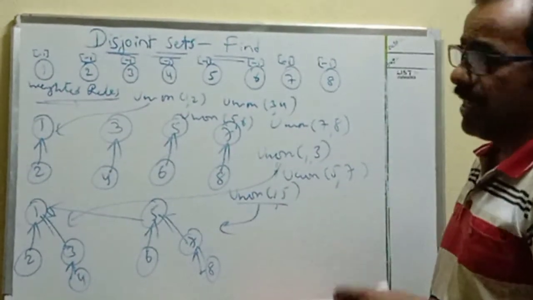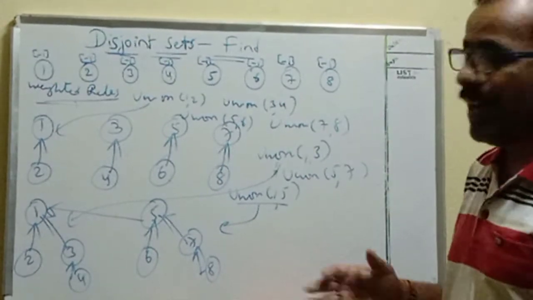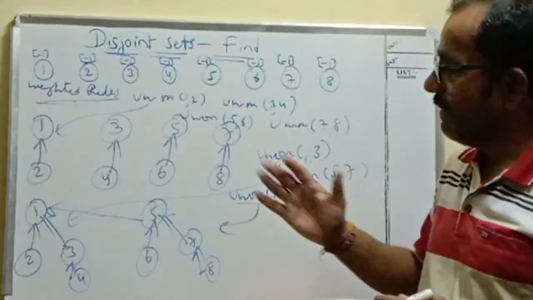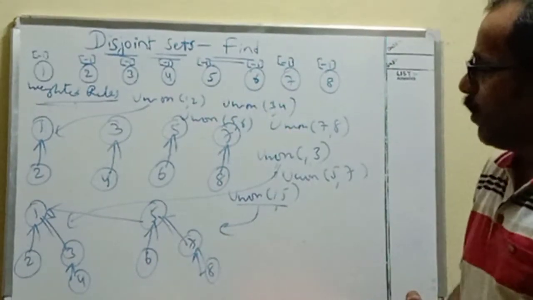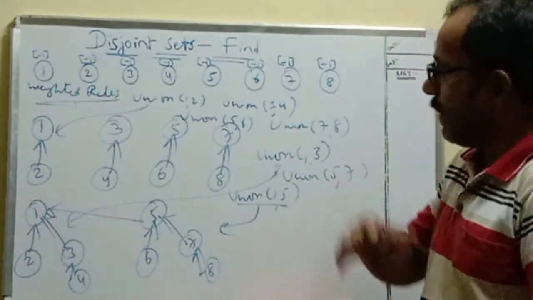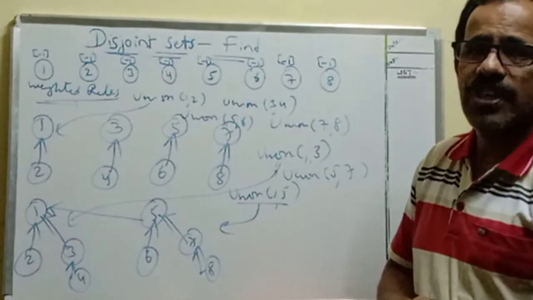So like this. But earlier I told you, if you apply the weighting rule in sequence, then we get only a 2 level tree. If you take your own sequences, we get this particular tree. But earlier the find was producing rapid results.